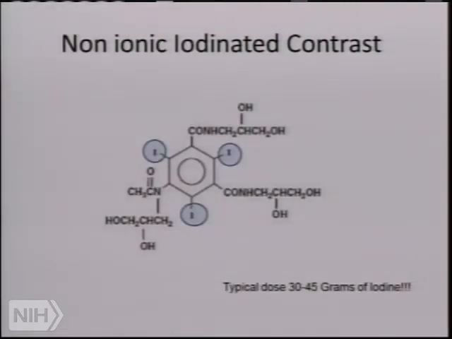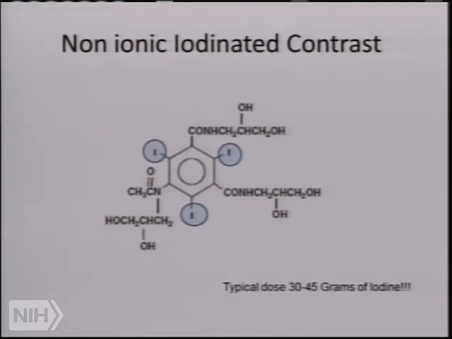There are several different iodinated contrast media on the market. They typically have a configuration like this where you load iodine onto, say, a benzene ring, and the iodine blocks the X-rays. So it increases the attenuation of the X-ray beam, and so you can see where there is contrast media in high concentration.